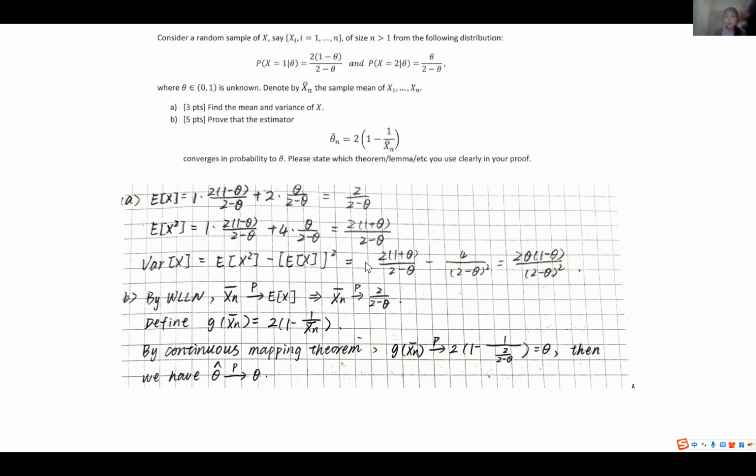It is the conclusion we get from problem A, and we define J as n bar equals this, which is defined by this estimator as n here. So by the continuous mapping theorem, we can find that J as n bar converges to theta. Then we have the estimator of theta converges to theta.